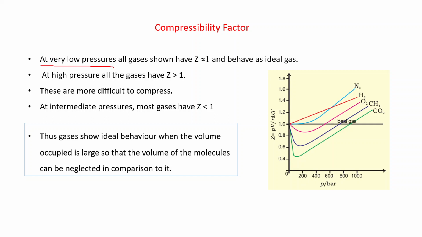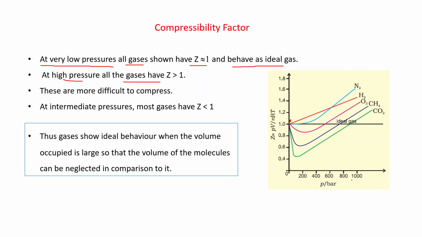At very low pressures, all gases have Z almost equal to 1 and behave as an ideal gas. We can say that in this condition, when pressure is almost 0, Z is almost equal to 1. At high pressure, all the gases have Z greater than 1.